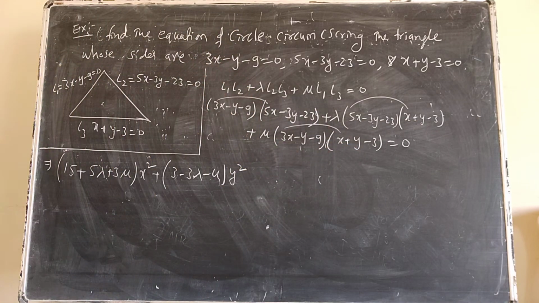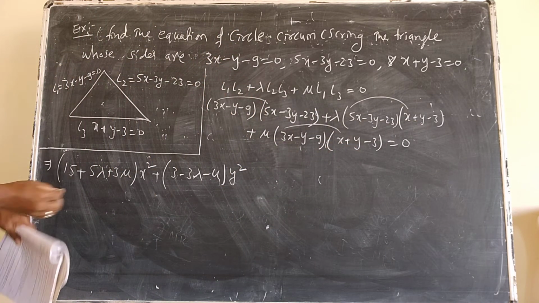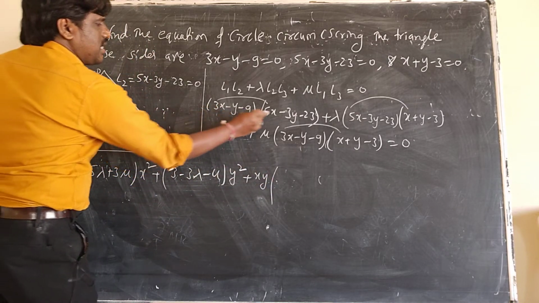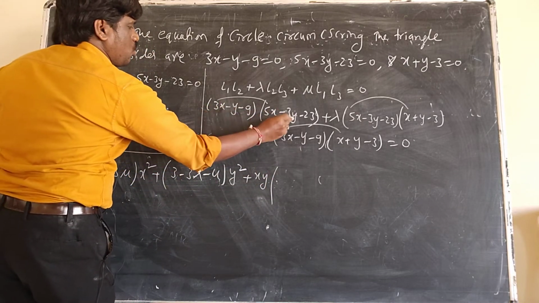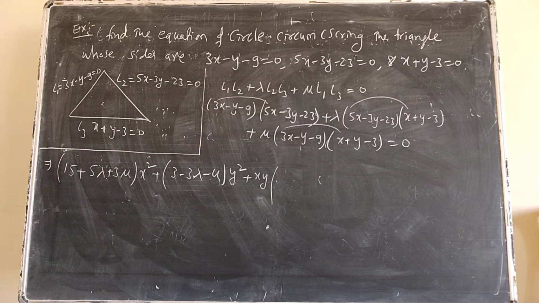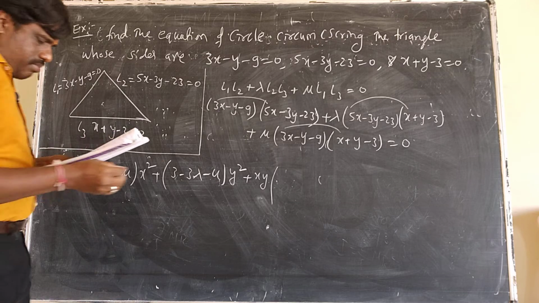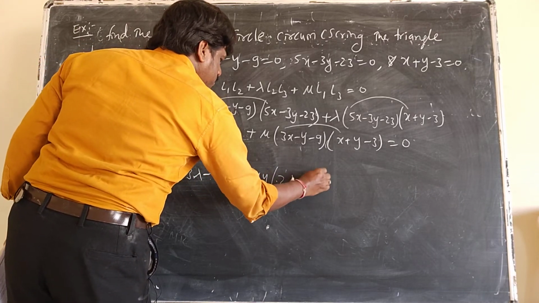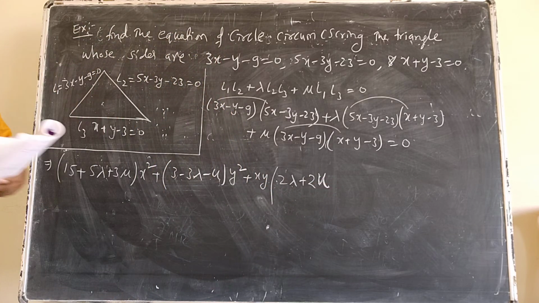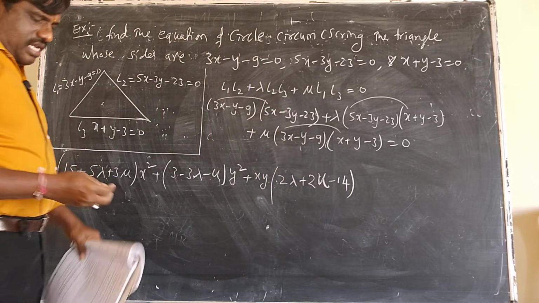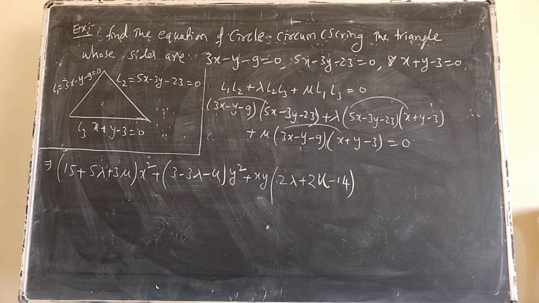Then you multiply the xy terms: x into y, y into x. So the xy terms I am going to get as 2 lambda plus 2 mu minus 14 from the first one.